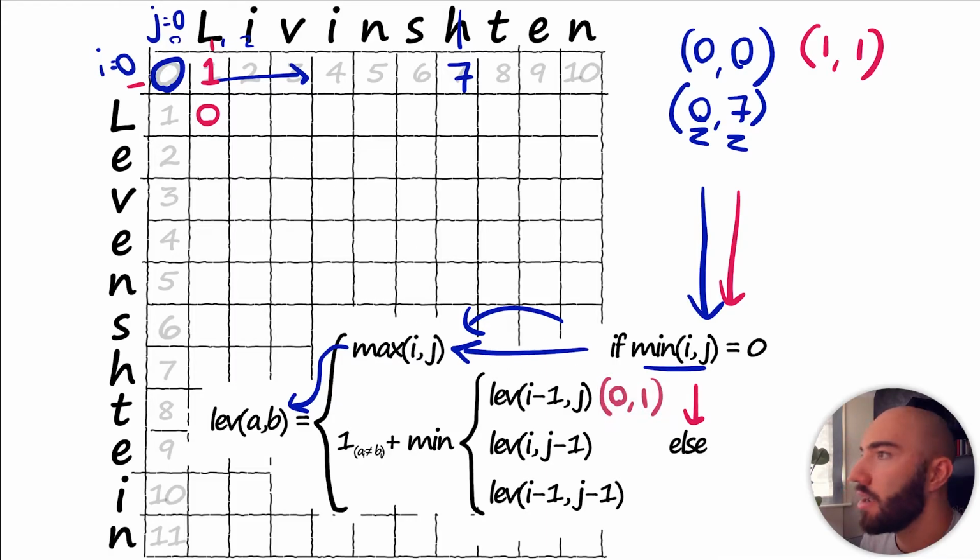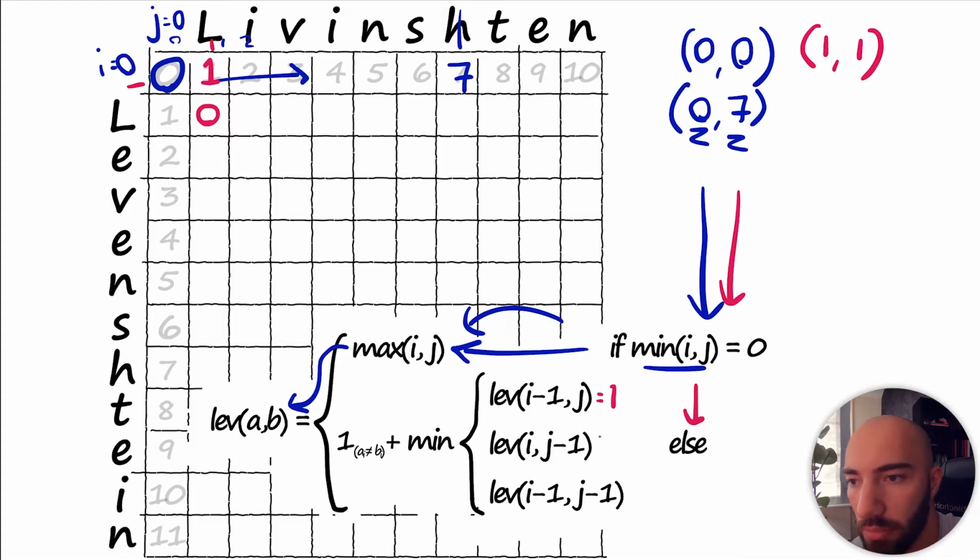So let's remove that, and we say, okay, this is equal to 1. What's the next part? We have i and j minus 1. So the position 1, and j minus 1, which is 0. So what do we have there? Here we again have another 1. Okay, so we say that's equal to 1.